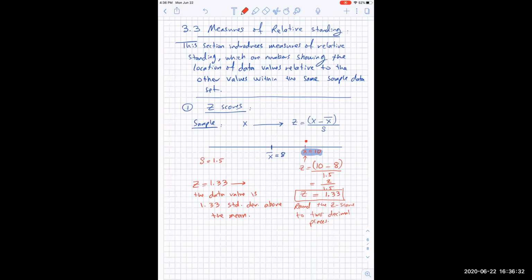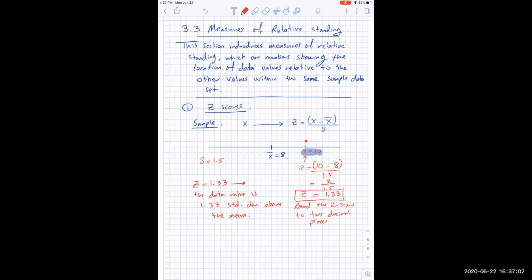Like when you measure distance, you will say, I am 5 feet away from this point, away from the center. Here in statistics, we're saying this data value, the 10, is 1.33. Instead of saying feet, it is 1.33 standard deviations above the mean. Okay.